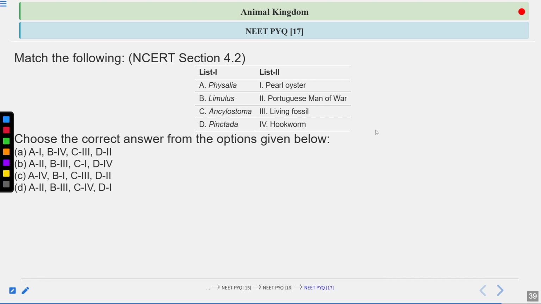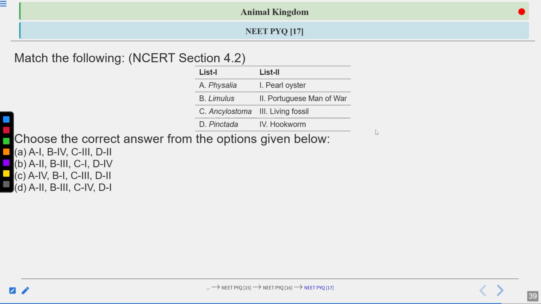Okay, coming to our next question. Match the following. This question is coming from NCERT section 4.2. We have two lists, list 1 and list 2. List 1 has the names of organisms, and list 2 has the feature or the common name.